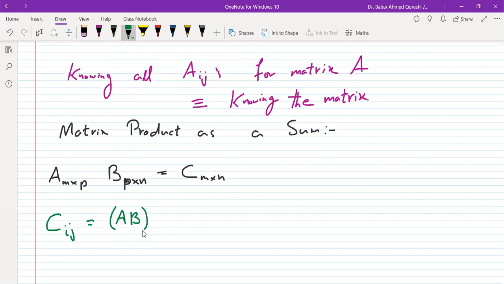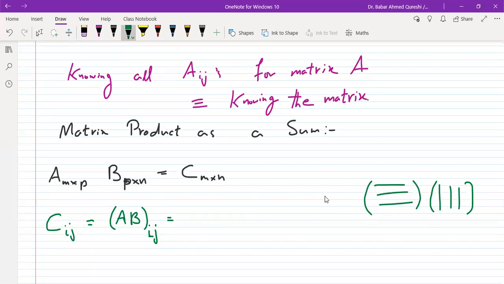That the components of the matrix which you get by multiplying A and B. So what are those components? I'm just using one of those rules. So let's just use the first rule. Like the first guy you get by taking the first row and dotting in the first column. And you get at the 1, 2 entry, you get it by taking the second row and dotting into first column.